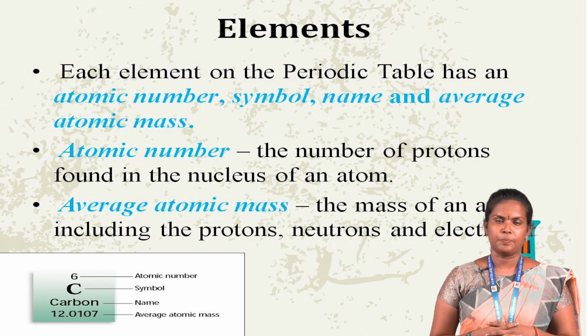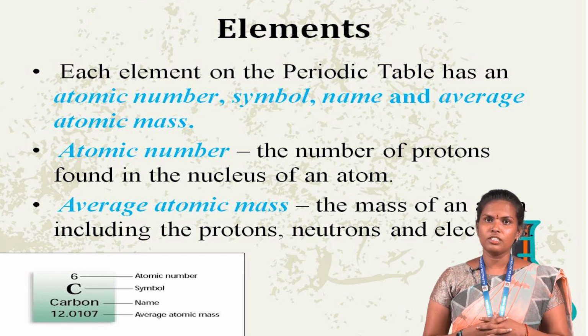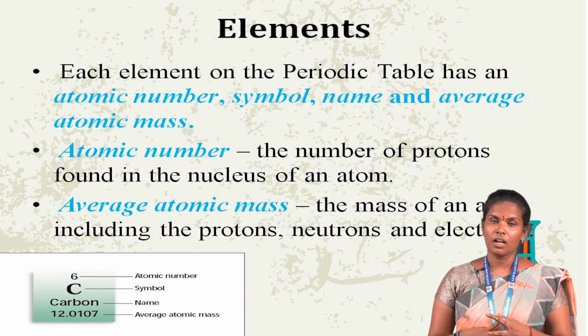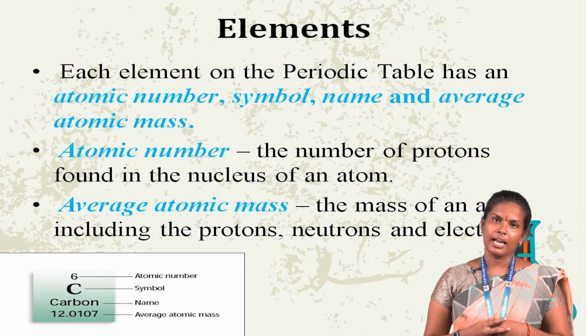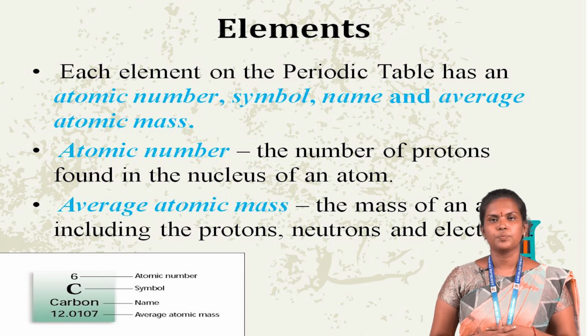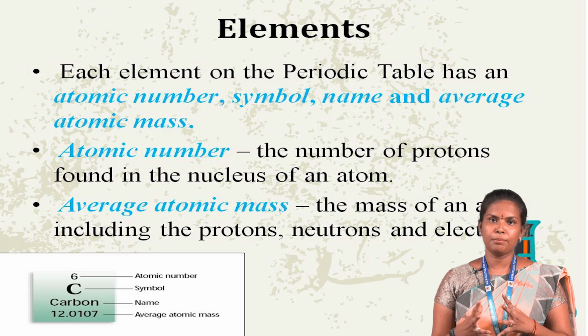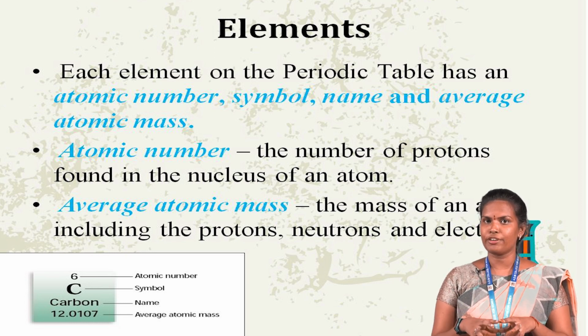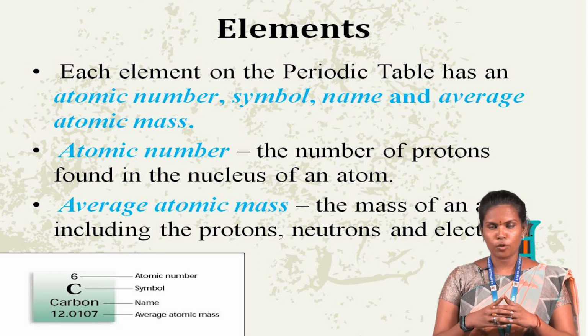Each element on the periodic table has an atomic number, symbol, element name and average atomic mass. Atomic number: the number of protons found in the nucleus of an atom.